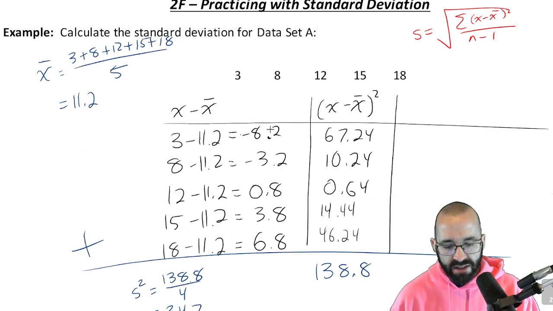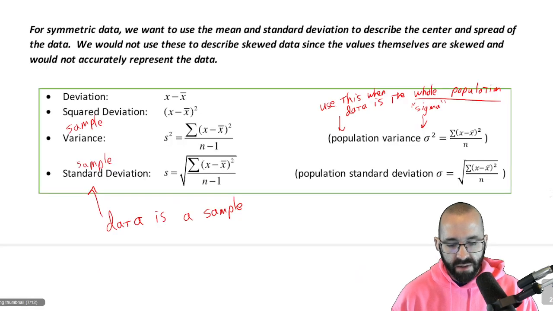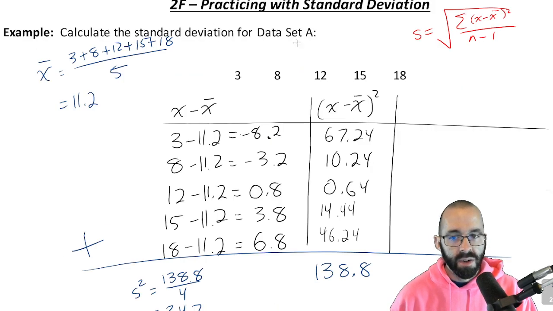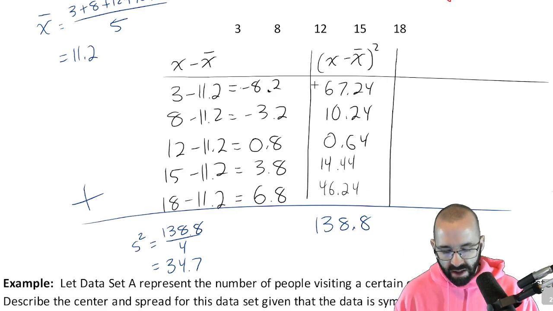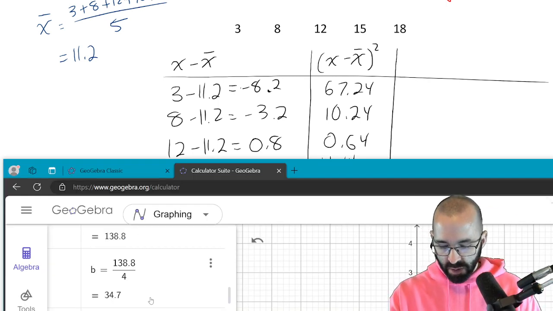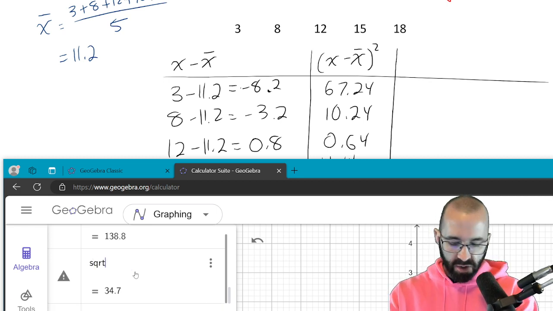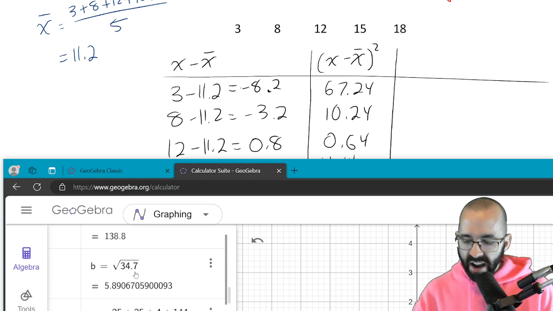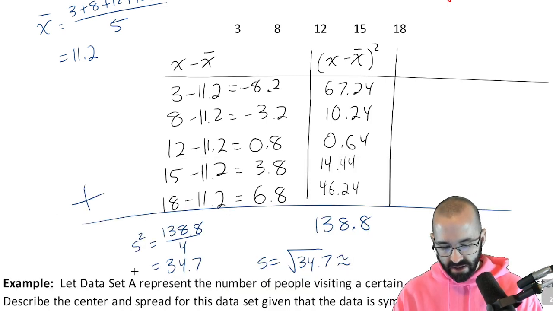And again, if you want to phrase it this way, you can. If you want to mimic all the steps from the last video, you can do it that way too. So s, our standard deviation, is just going to be the square root of 34.7, which is about 5.89.